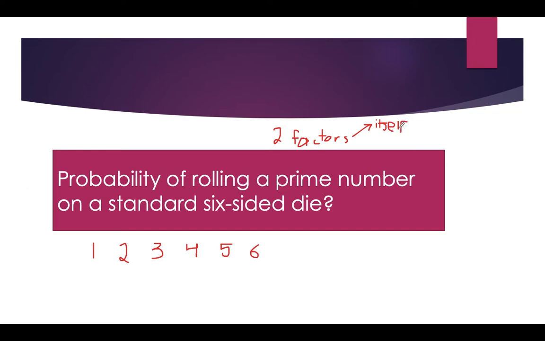So if I look at a number like, let's say 6, 6 is not a prime number because it has factors of 1, 2, 3, and 6. So if you went 1 times 6, that would be 6. If you went 2 times 3, that would be 6. 6 is not a prime number, so we're going to put an X through that one.